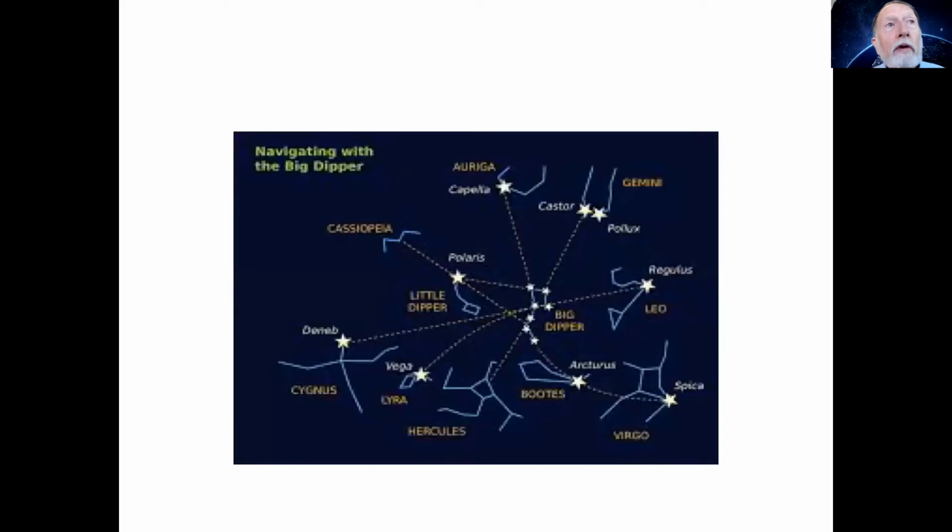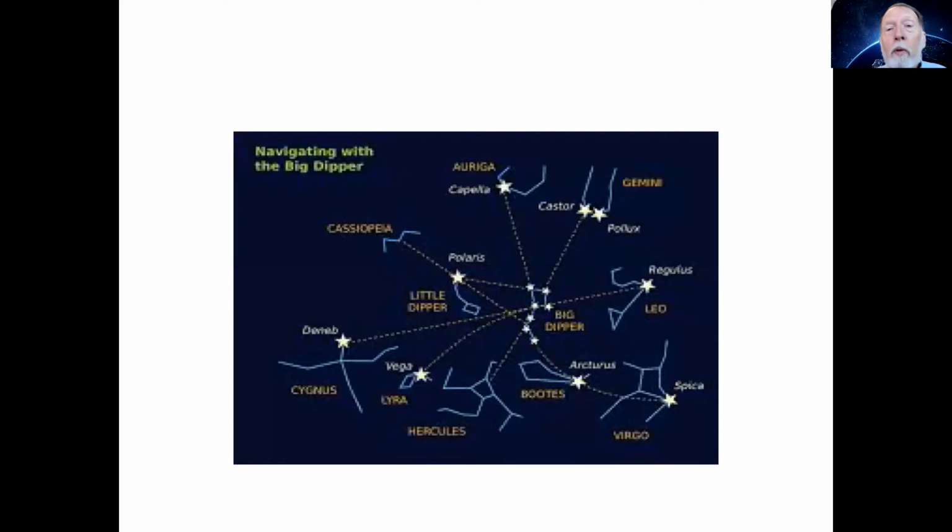The programs on how to find stuff are intended to help you learn a little bit about the night sky and find interesting astronomical objects without the use of a computer, without the use of a mobile app, or without the use of digital circles.